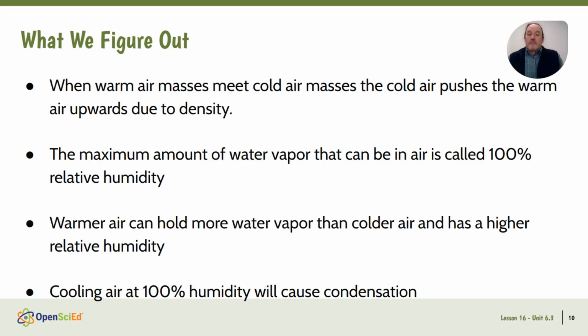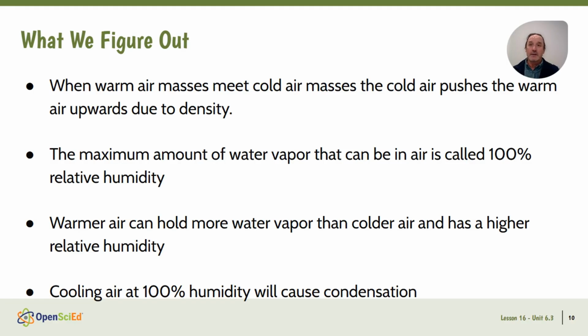So this lesson is a little hard for students, and it's worth keeping you and their focus on the lesson question, which is essentially what happens when 2 different air masses meet, and maybe how might that help us predict the weather. I simplified what we figure out a little bit. The key is that warm air masses meet cold air masses, and the cold air pushes the warm air upward due to density differences.